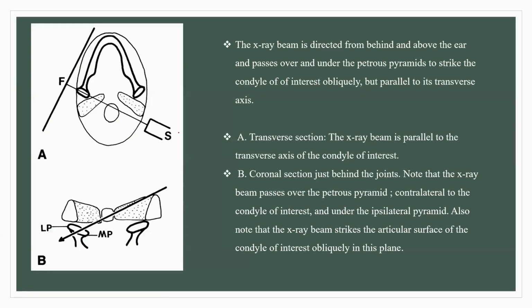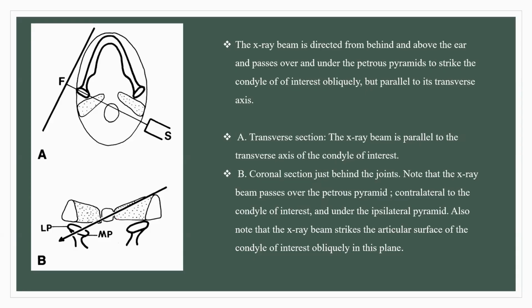Now we'll see how the central ray is passing to our TMJ of interest. So this is how it will be passing. This is a transverse section that is being shown of the central ray passing through our TMJ of interest. This particular picture shows the X-ray beam passes over the petrous pyramid on the contralateral side.